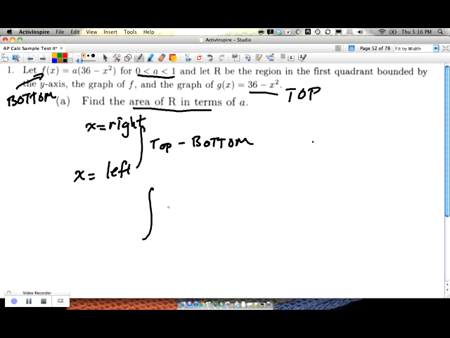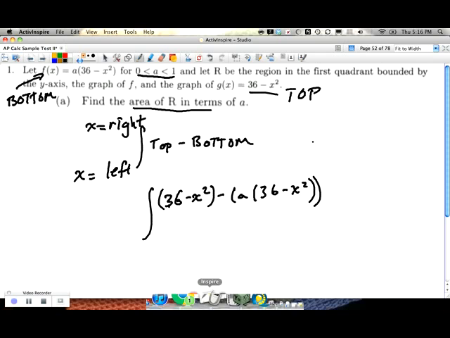We know g of x is on top, so the integral is going to be g of x, which is 36 minus x squared. And then the bottom is going to be the other function, which is a, some constant, times 36 minus x squared. So that's our top minus bottom.